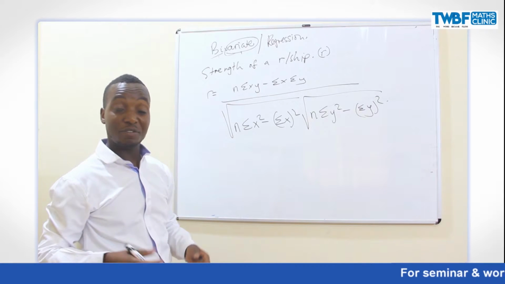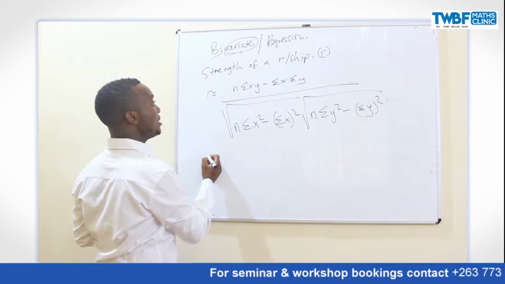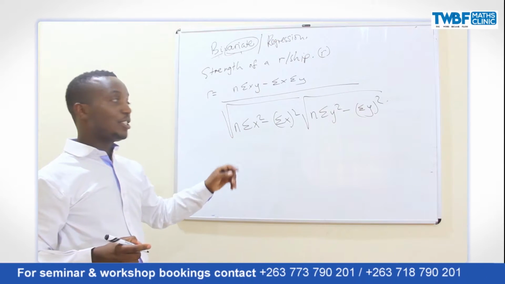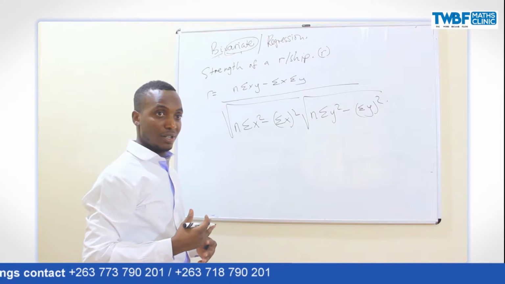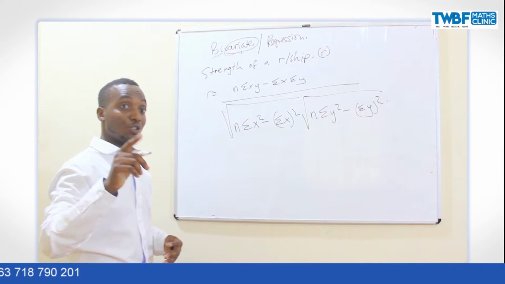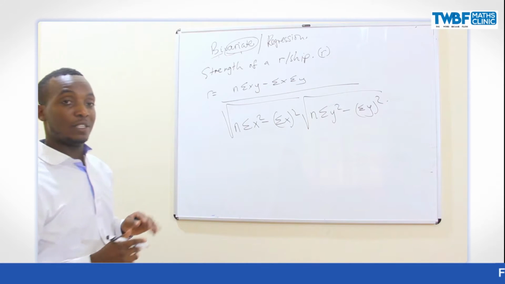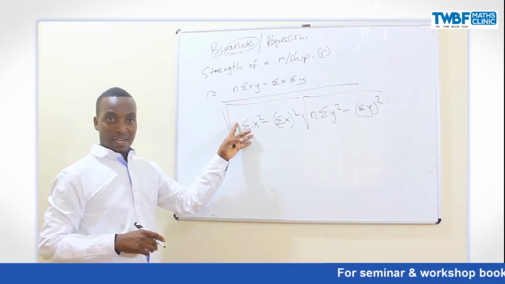Even some mathematical software can calculate R for you. After entering data, it will show you what the value of R is, between minus 1 and 1. Alright, so we are saying this is R.